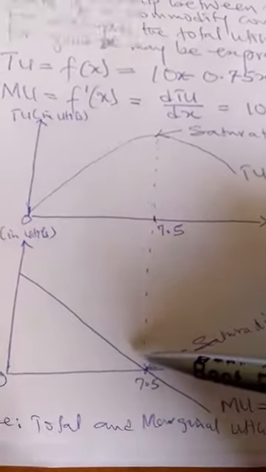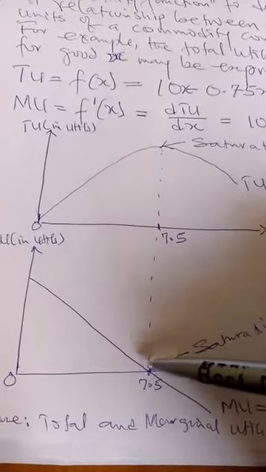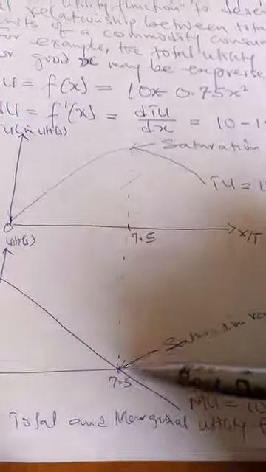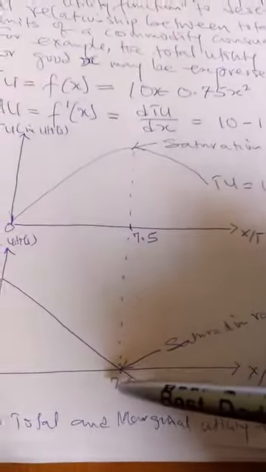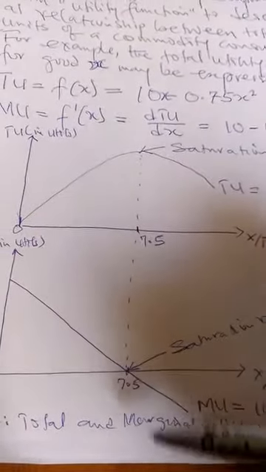But the marginal utility itself here is 0 because it's intersecting the horizontal axis. Even though it is 7.5 units of the commodity that was consumed per unit of time, the marginal utility here is 0. So having said that, let's move on to what we want to talk about today.